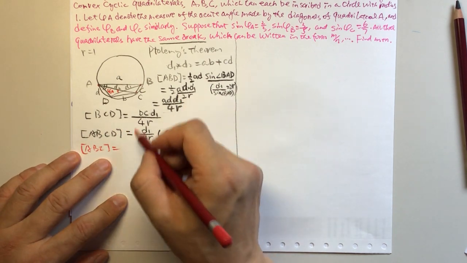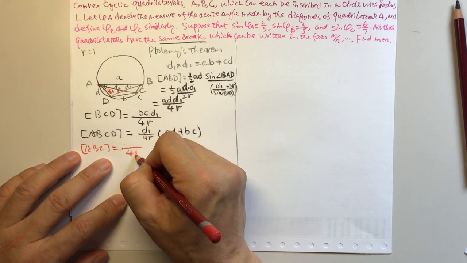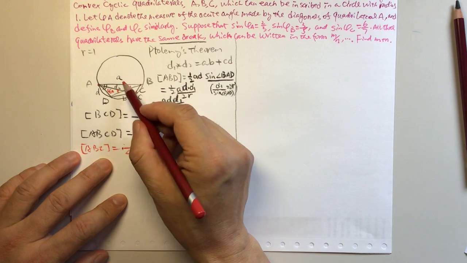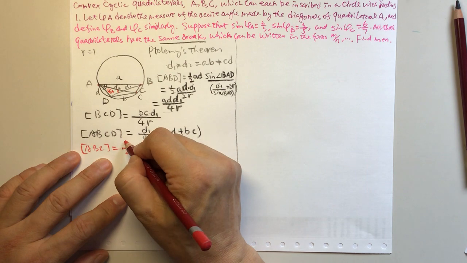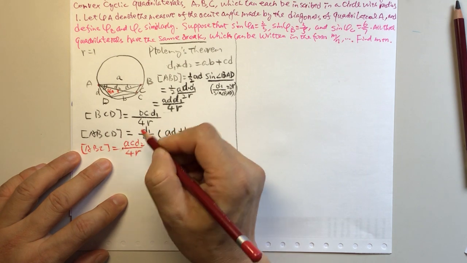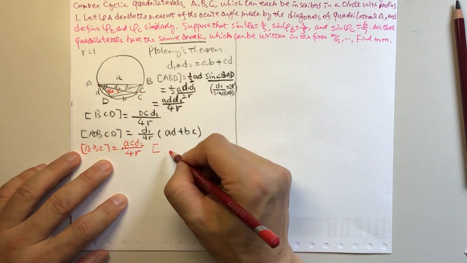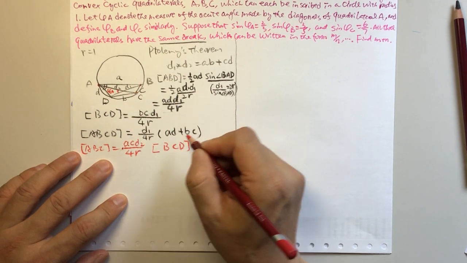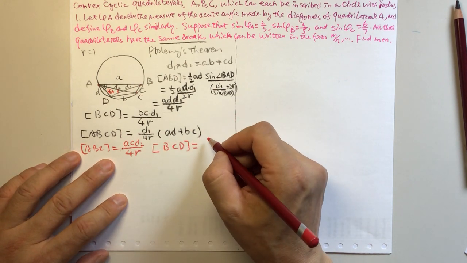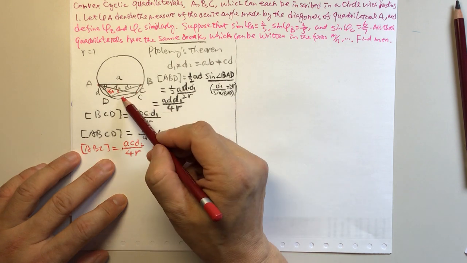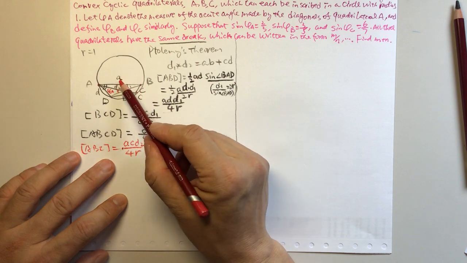and according to this one, we will get the same thing, 4R, AC D2, right? And the area of BCD is also similar. So we will get BD, right? That's AC.